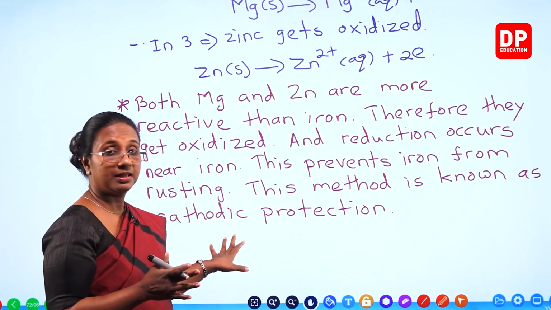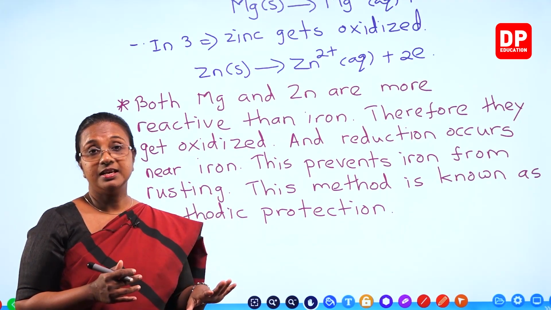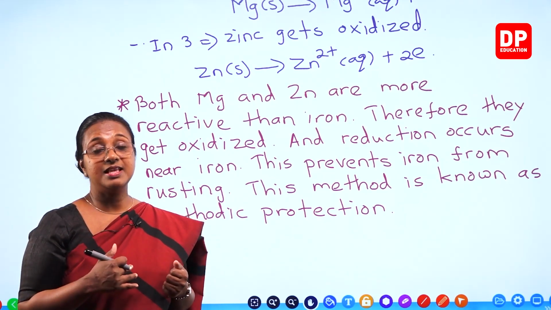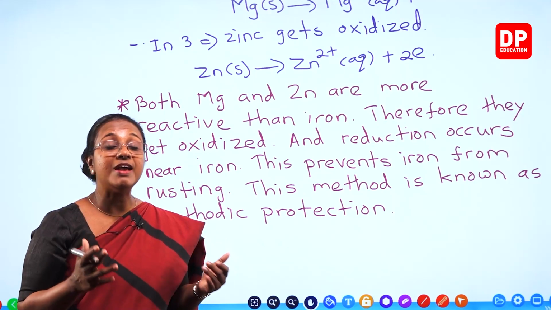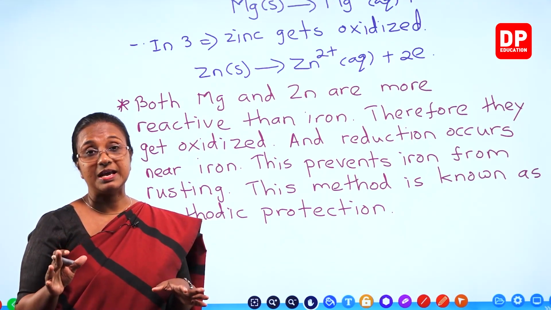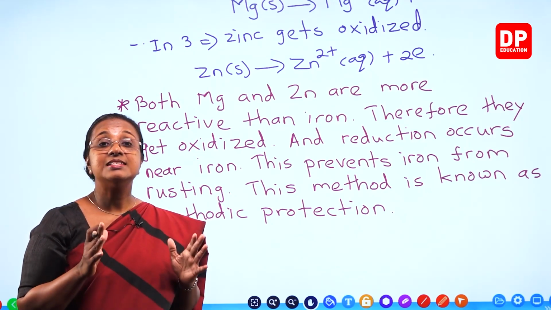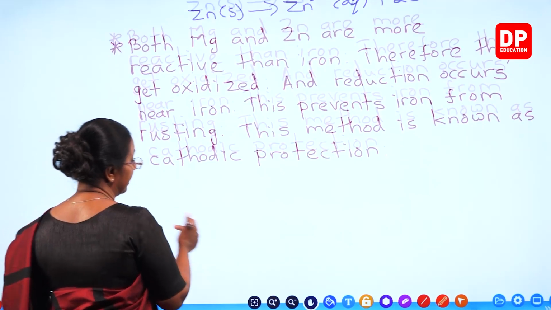And in this method, both magnesium and zinc kind of sacrifice themselves to protect iron from rusting. Therefore, both magnesium and zinc are known as sacrificial electrodes. You have to remember that term.